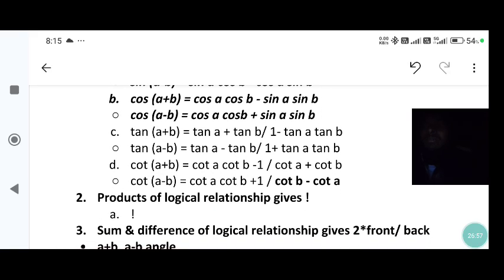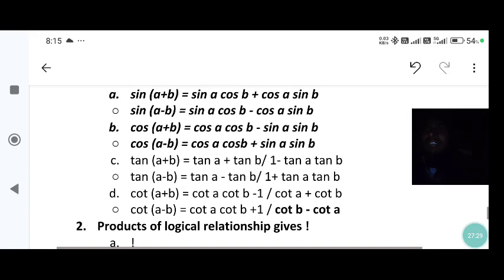For cos a plus b, it is cos a cos b minus sin a sin b, because cos is cos and sin remains alone. For cos a minus b, it is cos a cos b plus sin a sin b, because it has to be added with a weak sign. For tan a plus b, the value is tan a plus tan b divided by 1 minus tan a tan b.